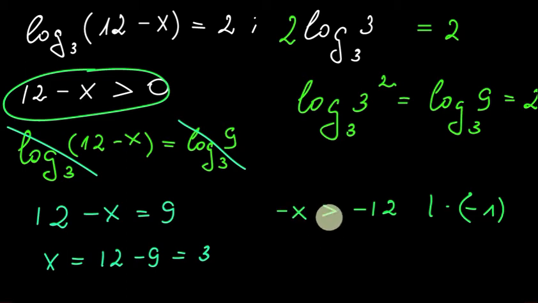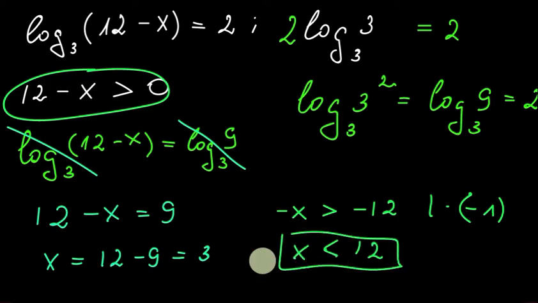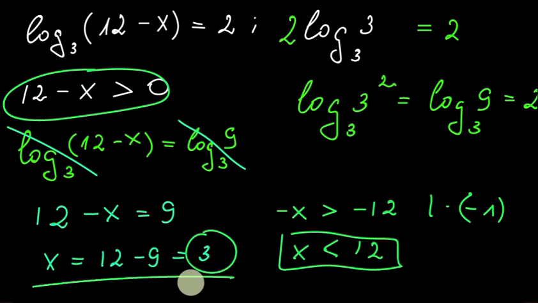When we do that, the sign of our inequality changes, and we get that x is less than 12. And our solution is 3. So we solved our equation right, and our answer is 3. This is our answer.